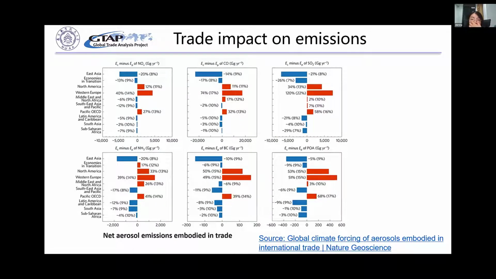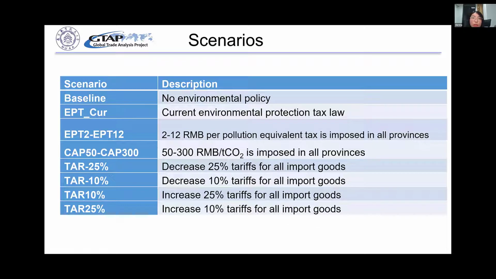In addition to the domestic environmental protection tax and the carbon price, recent studies also found that many air pollutants are impacted by international trade. So based on our previous studies, we built scenarios including environmental protection tax and carbon price, and also tariff changes.